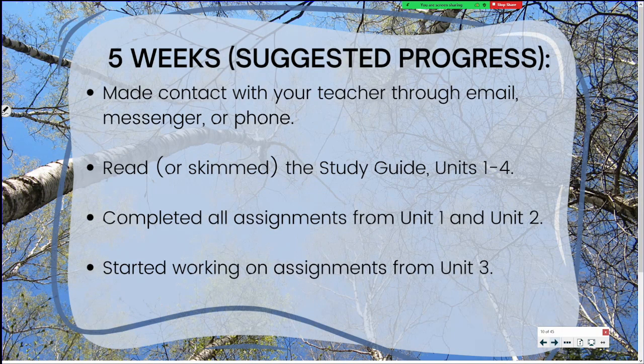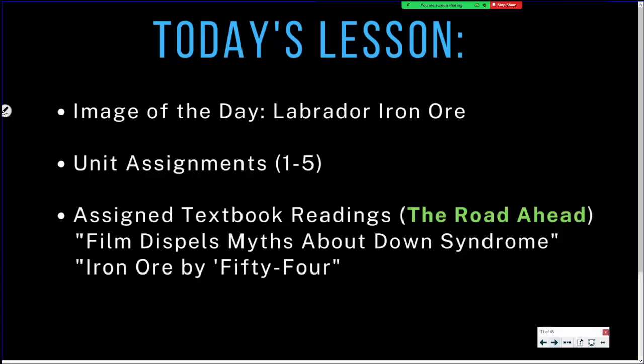And just, your suggested progress so far, 5 weeks into the course, you should have made contact with myself in some way, either by phone, email, messenger. You should have read or skimmed the study guide, Units 1 through 4, completed all the assignments from Unit 1 and Unit 2, and started working on assignments from Unit 3. So I like to put this up as a reminder to you to keep yourself on task.